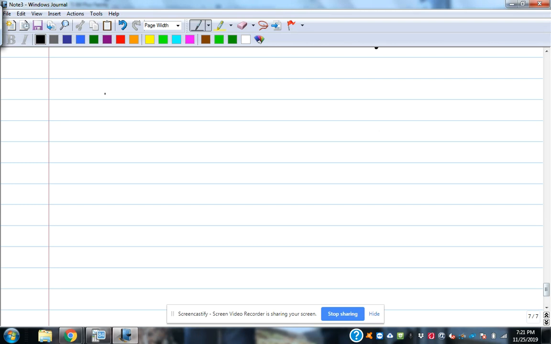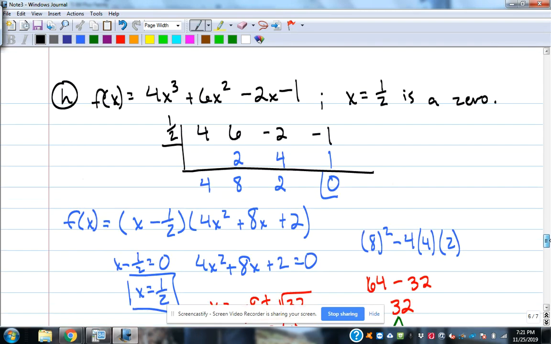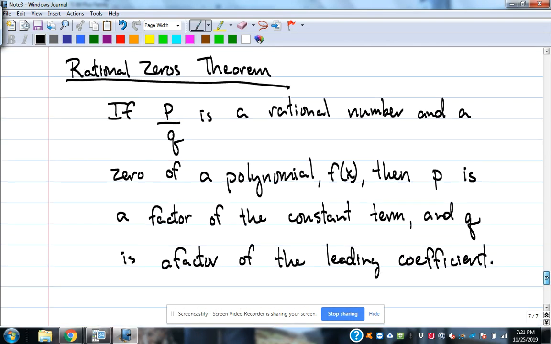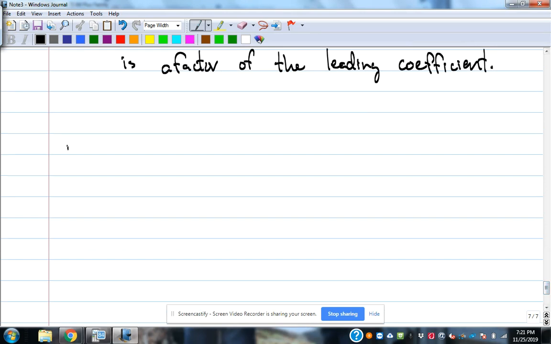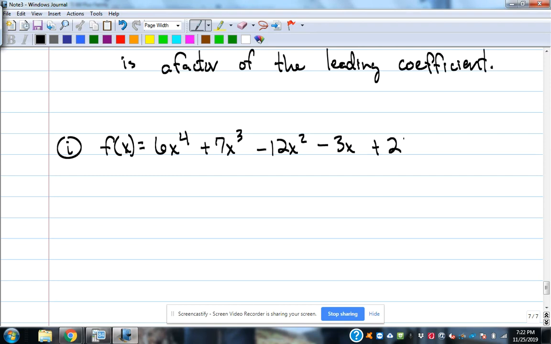I don't know what letter we're on here. I. Example I. Here's our polynomial. F of x is equal to 6x to the fourth plus 7x cubed minus 12x squared minus 3x plus 2. All right.